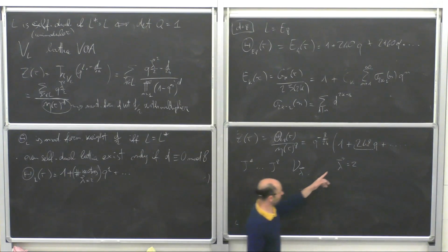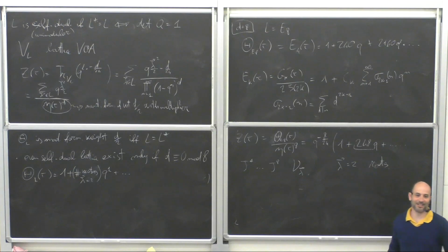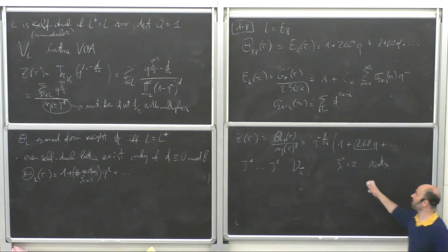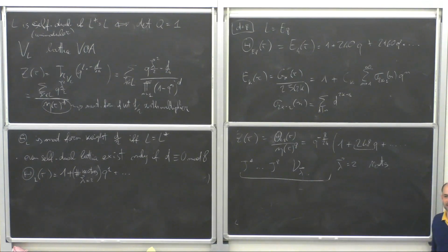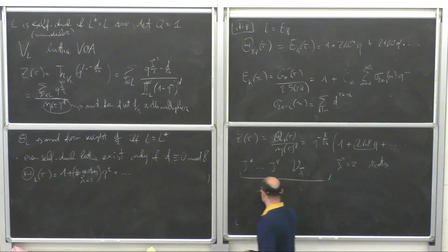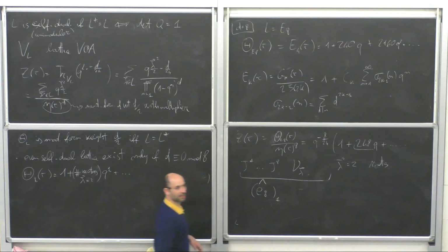These are called the roots of your lattice, the roots of some Lie algebra, essentially. In this case, that's the Lie algebra of E8. If you put all these together, you get the current algebra, which is actually the E8 current algebra at level 1.